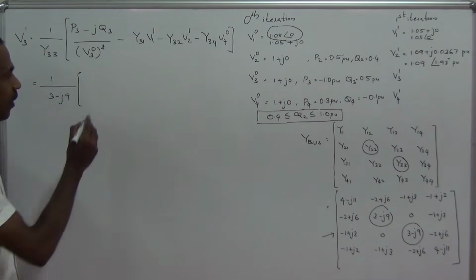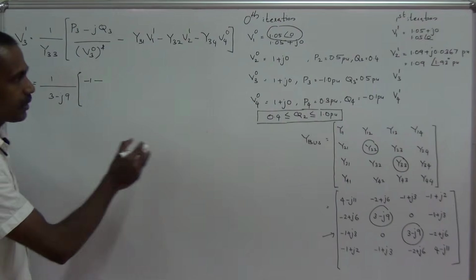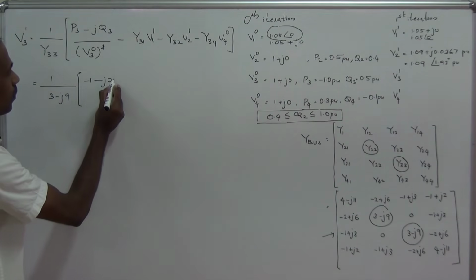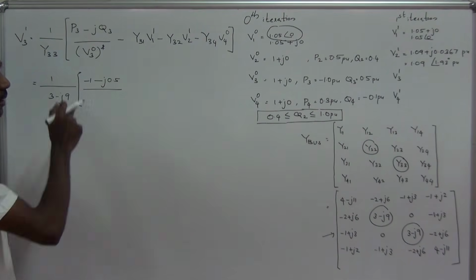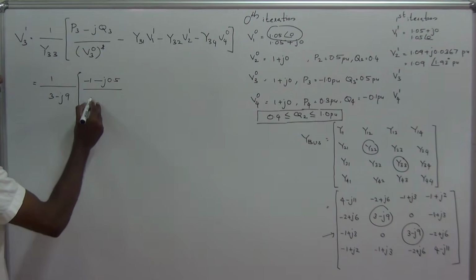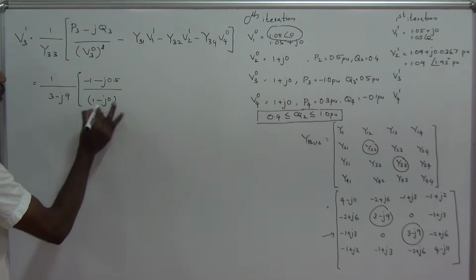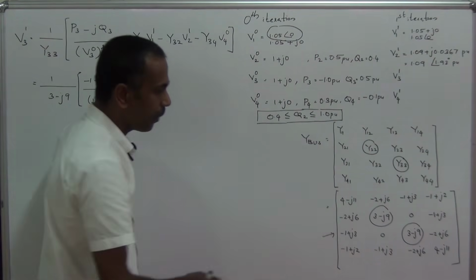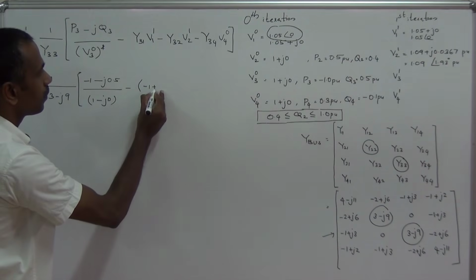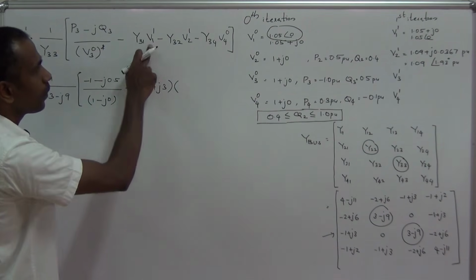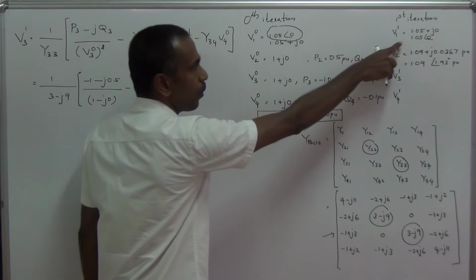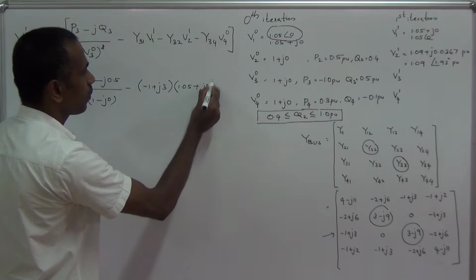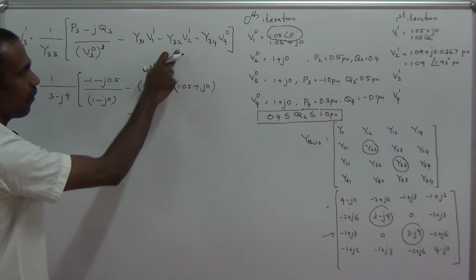P3 equals minus 1, and Q3 is 0.5, divided by V3^0 conjugate, which is 1 minus j0, minus Y31, minus 1 plus j3, into V1^1, 1.05 plus j0, minus Y32 V2.